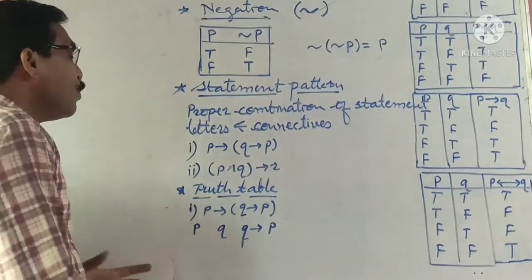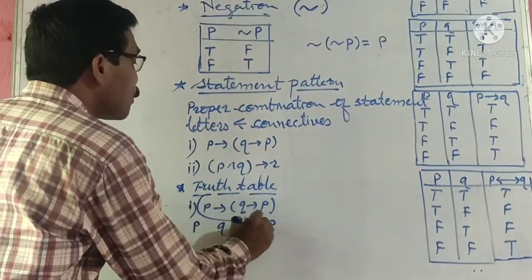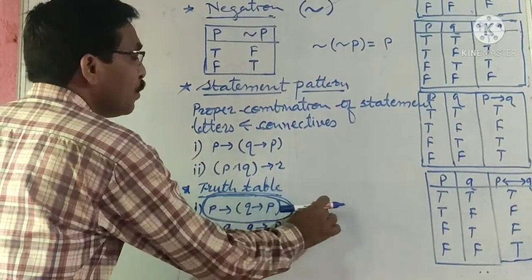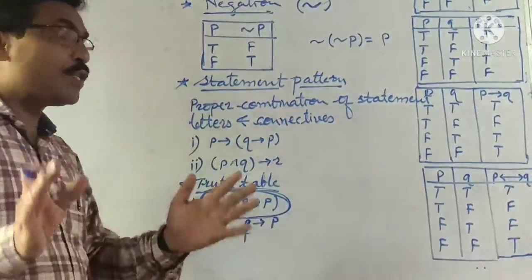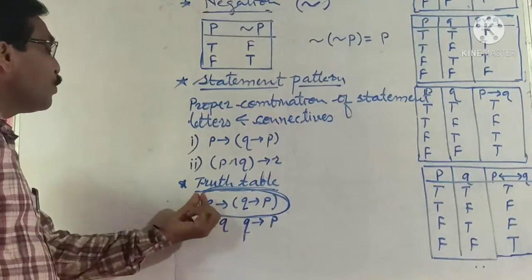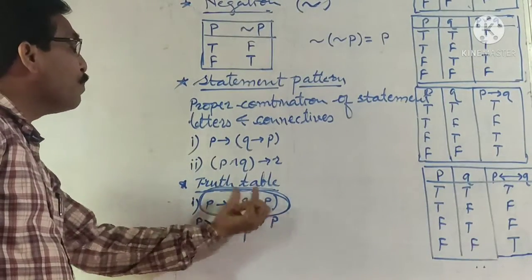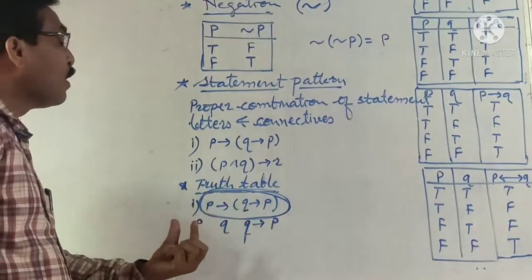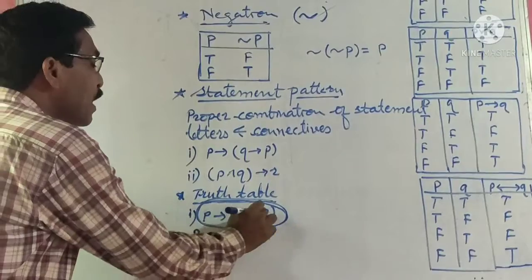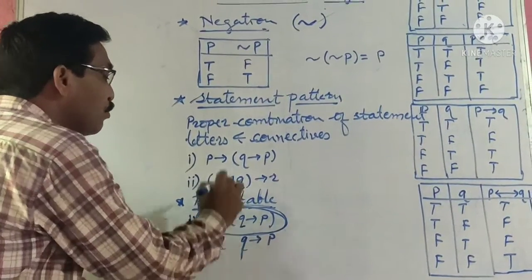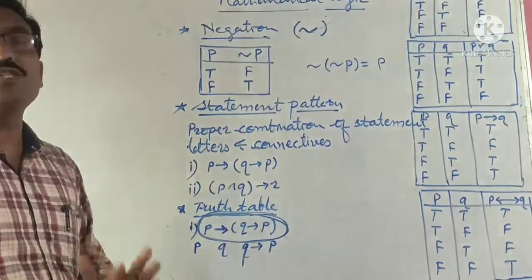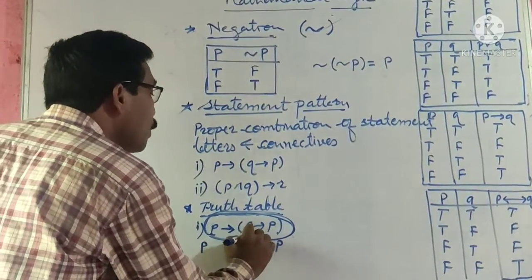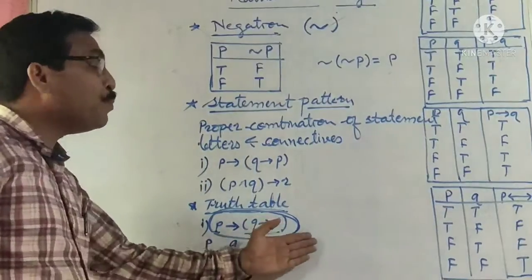Now after that we have to prepare this whole statement pattern. Now we are up to the last column of the statement pattern. Now we have to prepare P implies (Q implies P). So before preparing this, we will take this implies this, that is we will take their implication. But let us check whether we have P and Q implies P before this.